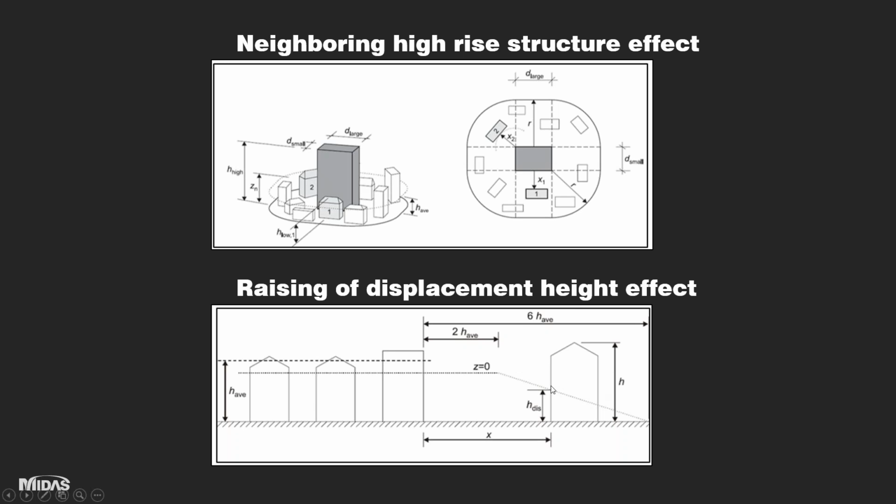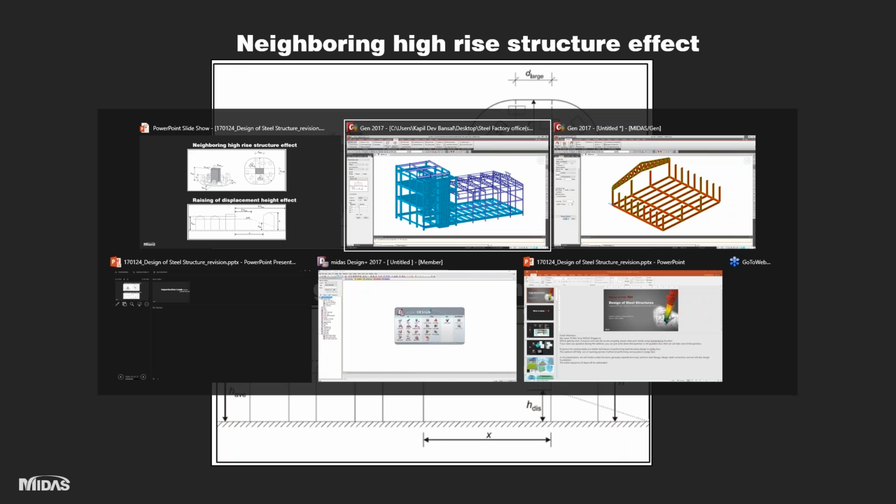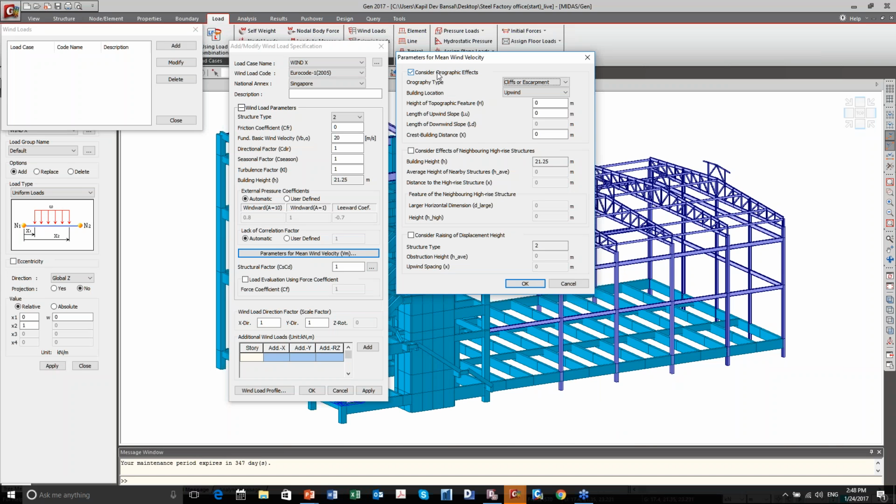If our structure is here and there are other structures nearby, based on this effect we also need to calculate some formula in Eurocode. So for all those effects, we can just simply check this option, and then we can input simple data, like height or slope, upwind slope or downwind slope, that's it. And then the program will consider it.